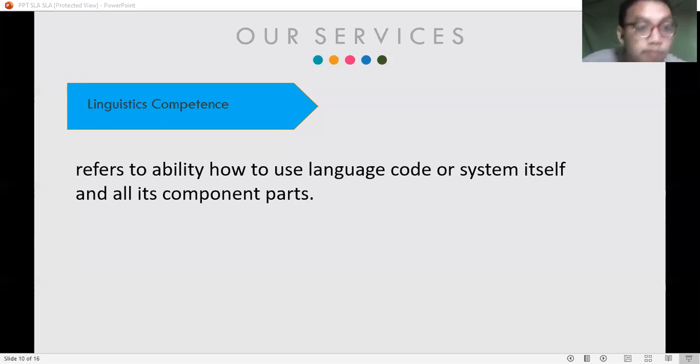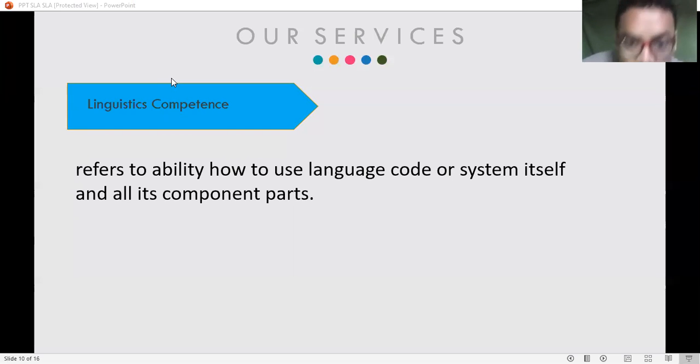And then morphological, part of grammatical inflection and productive derivational processes. Morphological is related to word by word. So every word consists of letters. And then we have syntactic.